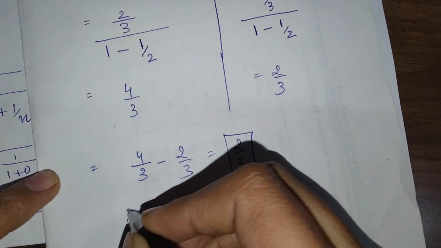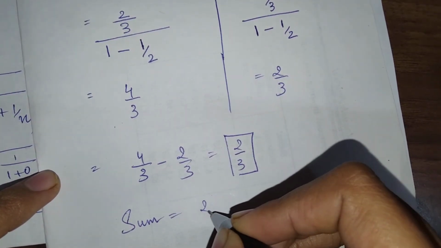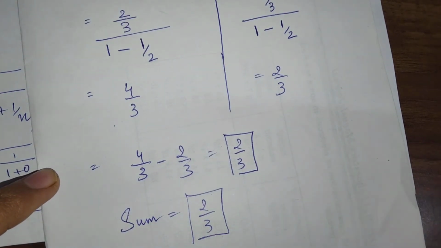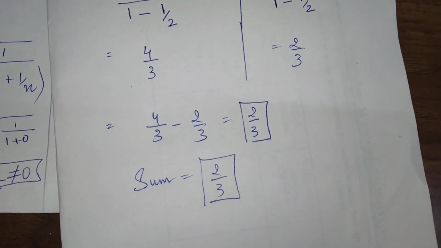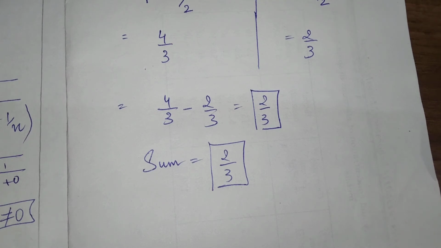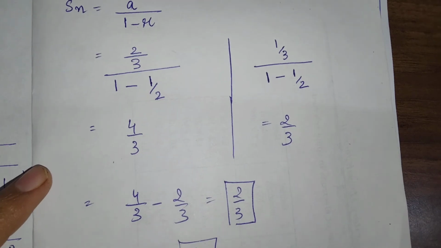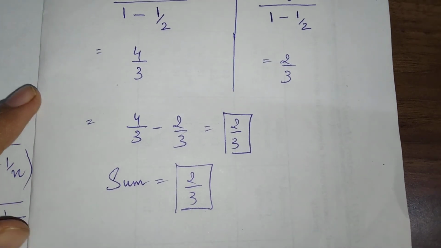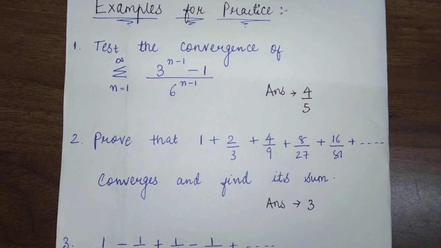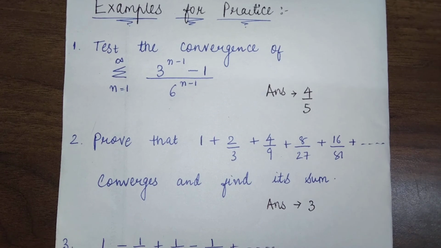Okay, so the sum will be 2 by 3. Okay, so in this way you have to check whether it is convergent, and whenever mod r is less than 1, then its summation will be a upon 1 minus r, which you have to carry out. Okay, so now these are the 3 examples for practicing.